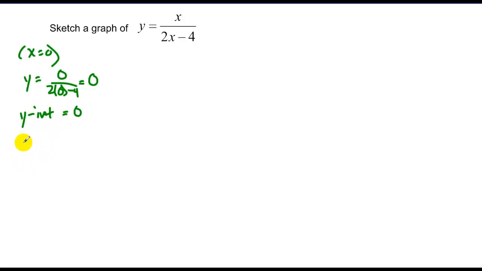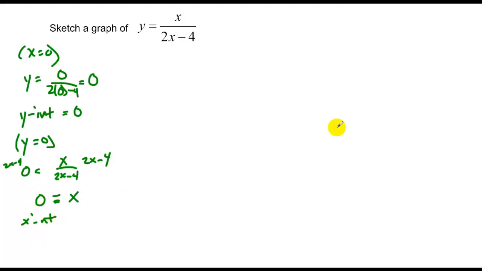Now I'm going to set y equal to 0 to find my x-intercept. Multiply by 2x minus 4 to each side. You'll notice the 2x minus 4 is reduced, leaving me with an x. 0 times anything is 0, so x equals 0 is my x-intercept.